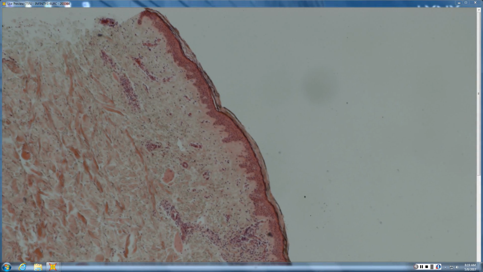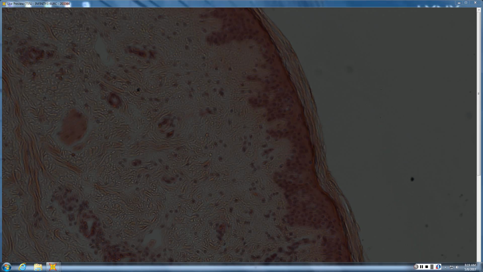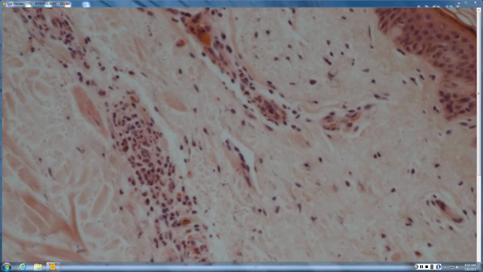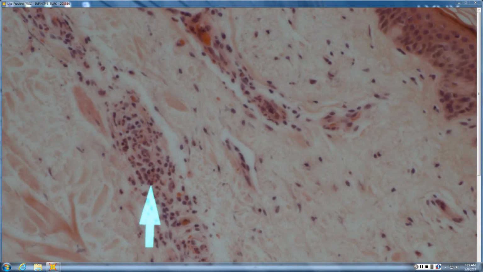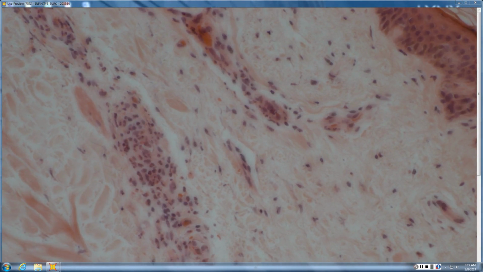In the first impression, it looks like some cells progressing, and then in the superficial, there are many neutrophils. Very good. And looks like some eosinophils.